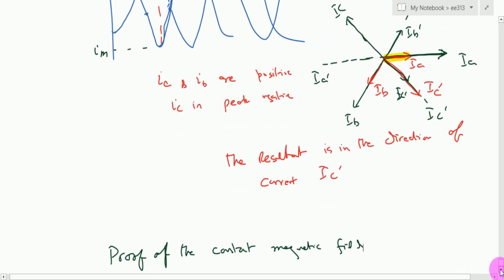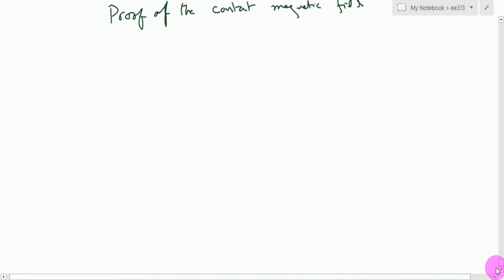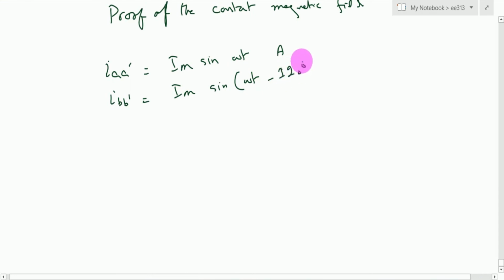The total current flowing from one side of the winding and coming out of the other side of the same winding, I call IAA dash, equal to Im sine omega t amperes. Similarly for phase B, it is Im sine omega t minus 120 degrees amperes, and for ICC dash it goes with a phase difference of 240 degrees from the basic one, which is IA.